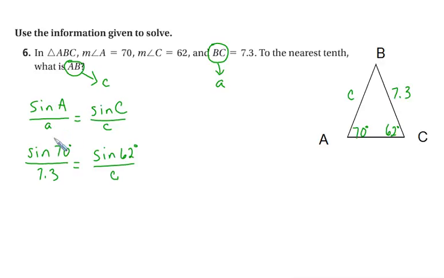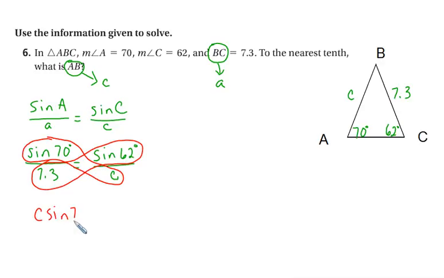So how are we going to solve our proportion? Cross multiply. So that gives me c sine of 70 equals 7.3 times sine of 62.